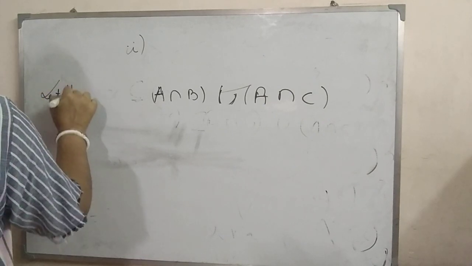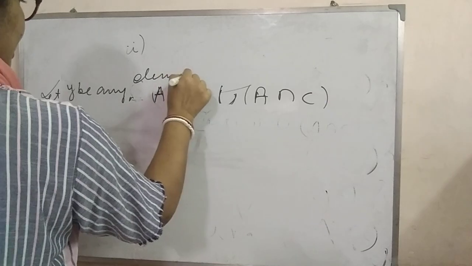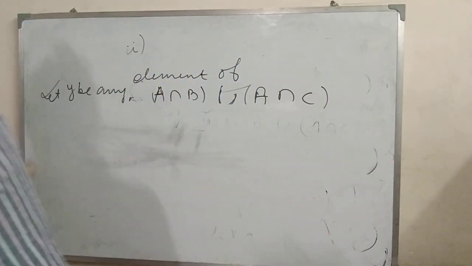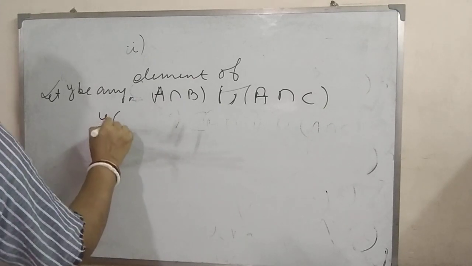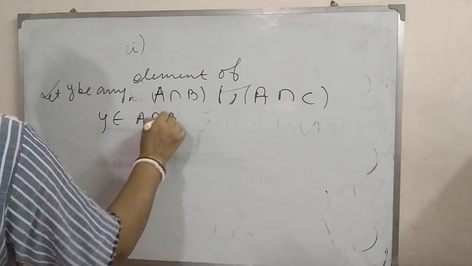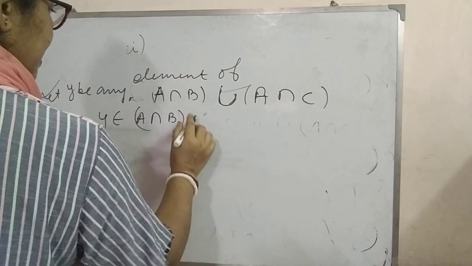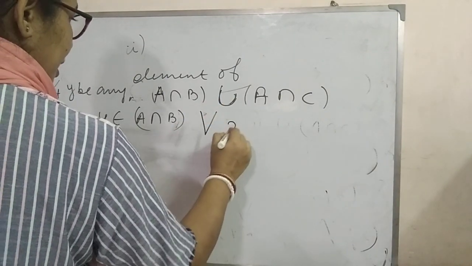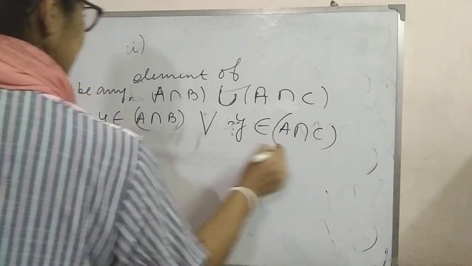Let Y be any element of the set, that is, Y belongs to (A intersection B) union, that means "or", (A intersection C).